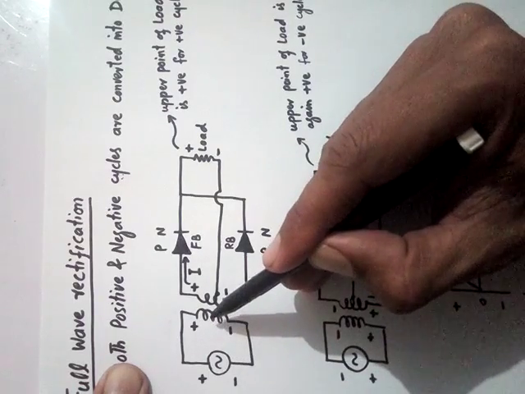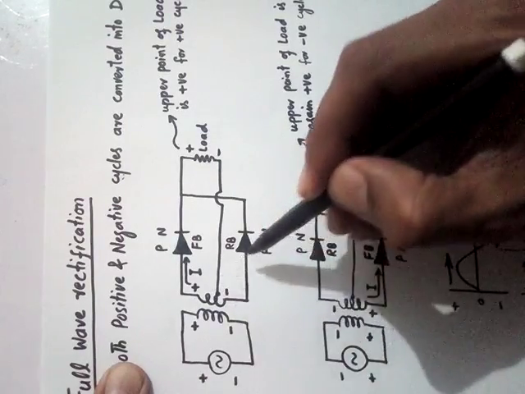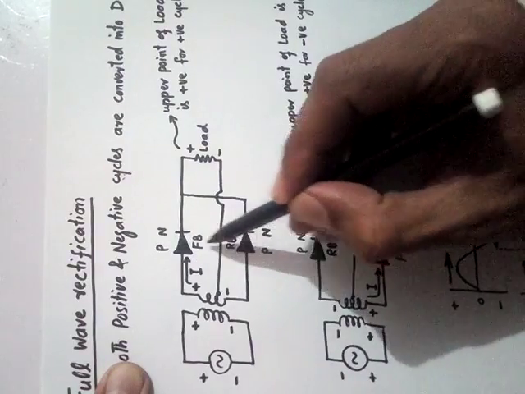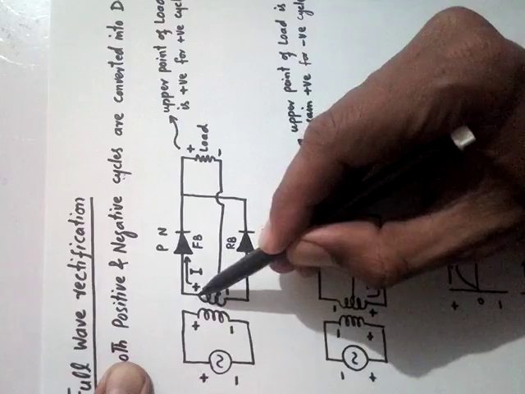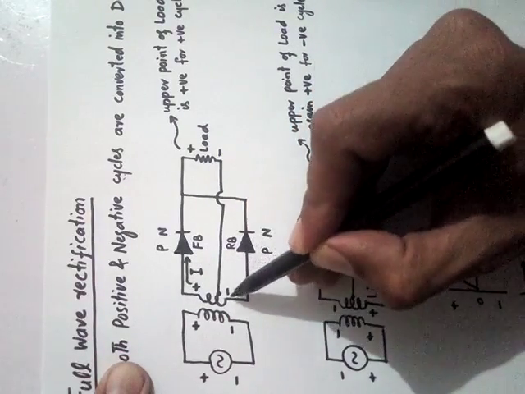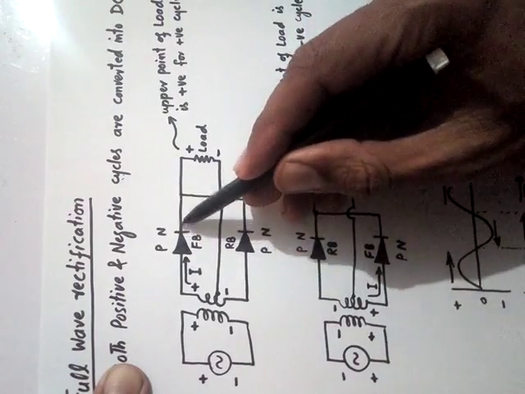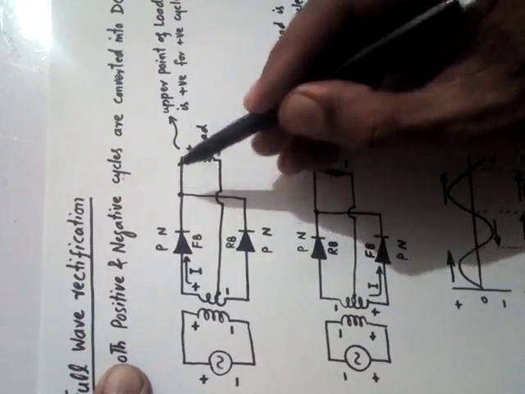Now this is the primary coil and this is the secondary coil. In full wave rectification we use two diodes. This is the upper diode, this is the lower diode. The upper diode is connected with this wire and the lower diode is connected with this wire. The outputs of these diodes are connected right here.